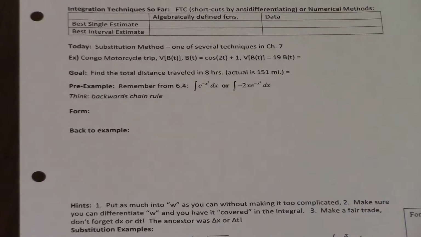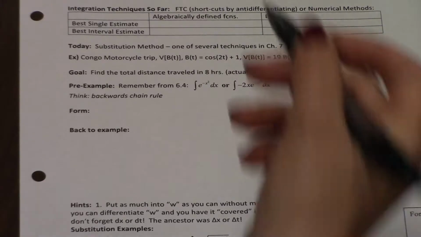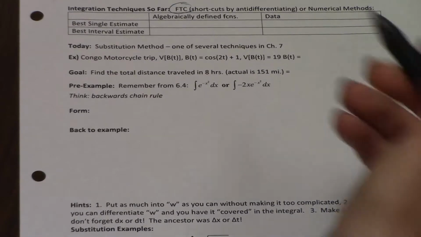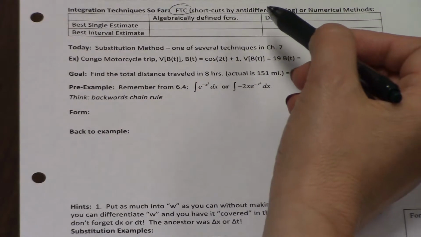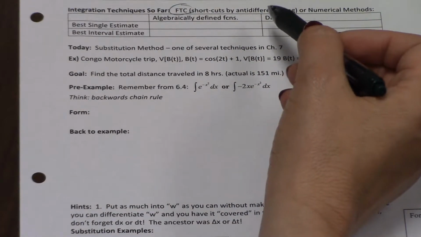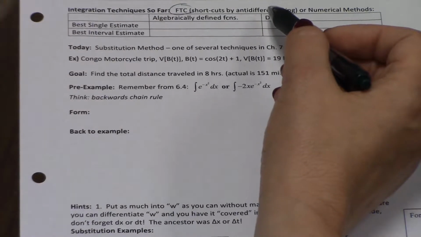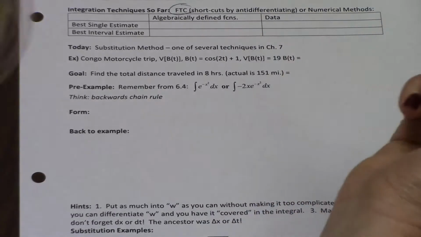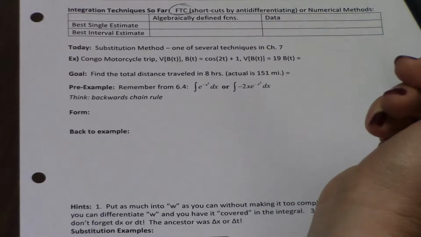So let's just step back a minute and look at this chart at the top of the handout. So far, if we're going to integrate something, we know that the fundamental theorem of calculus has some different shortcuts that we can use, and we went over those and had a chart of those. You tested on some of those on the test yesterday, and so we know some of the basic ways of antidifferentiation.